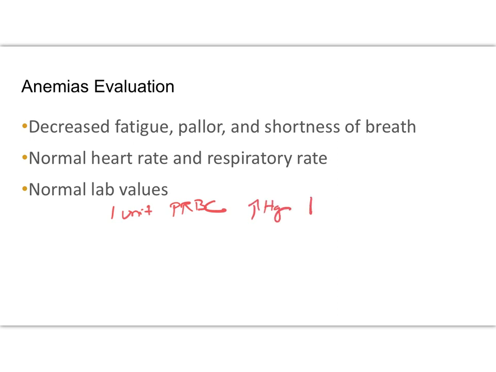Okay, so if they're at 8 and I give them 2 units, I expect their hemoglobin to be pretty close to 10. If they're at 8, I give them 2 units and their hemoglobin comes back at 8.4, if they've been bleeding, I'm going to think they're still bleeding. We haven't fixed the leak.